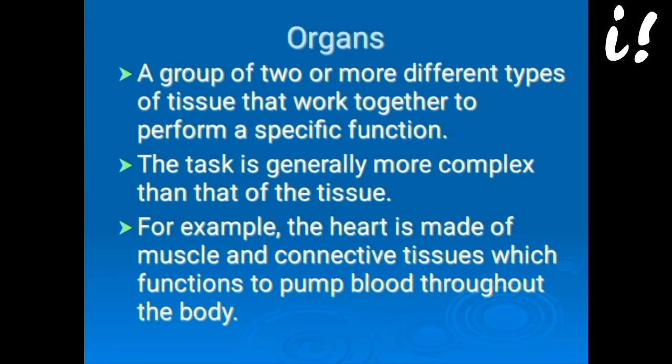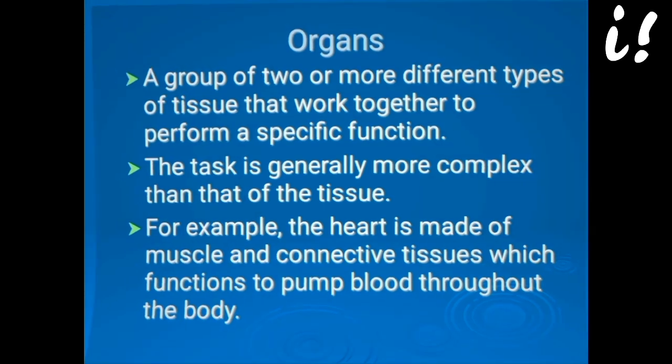So, what are organs? Organs are a group of two or more different types of tissues that work together to perform a specific function. For example, the heart is made up of muscles and connective tissues and functions throughout the body. The task is generally more complex than that of a tissue.